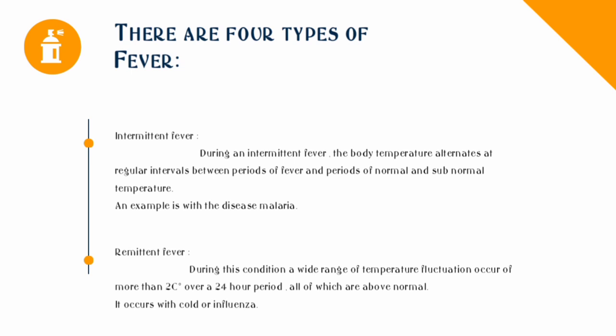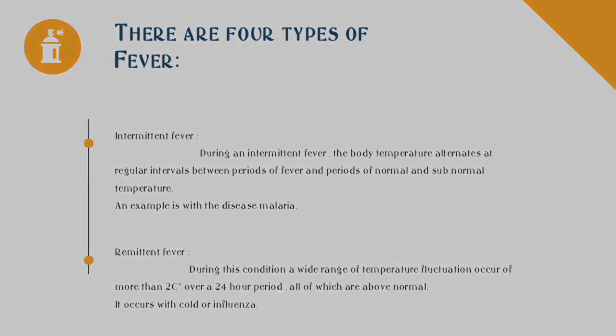An example of this disease is malaria. During a remittent fever, a wide range of temperature fluctuation occurs, more than 2 Celsius, over a 24-hour period, all of which is above the normal temperature. Remittent fever is related to the cold and influenza.